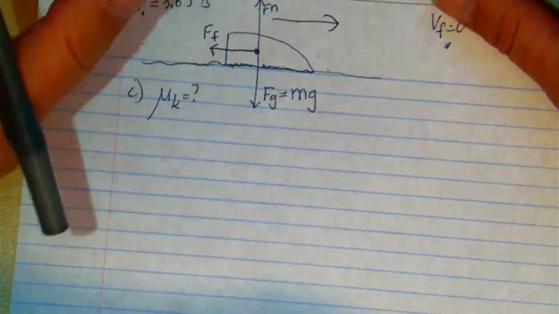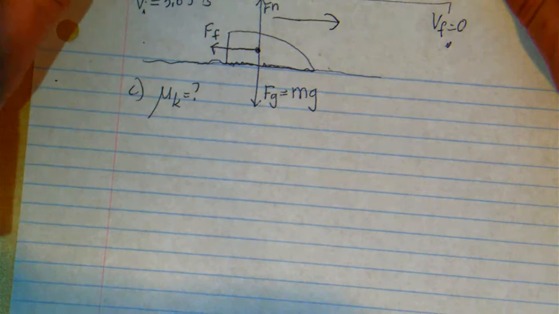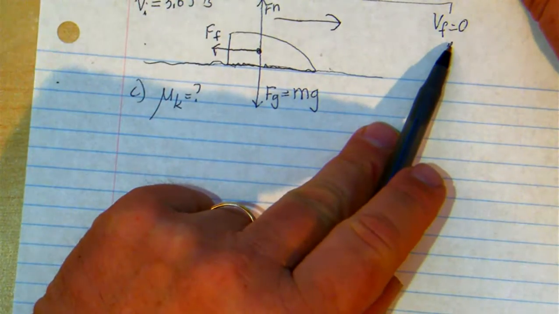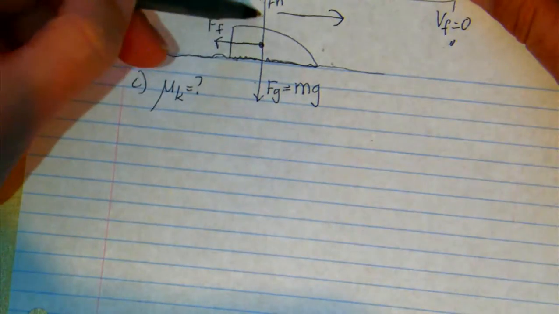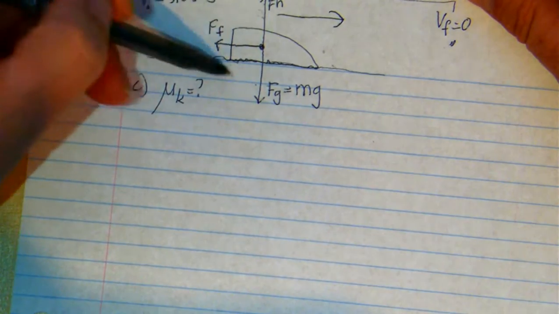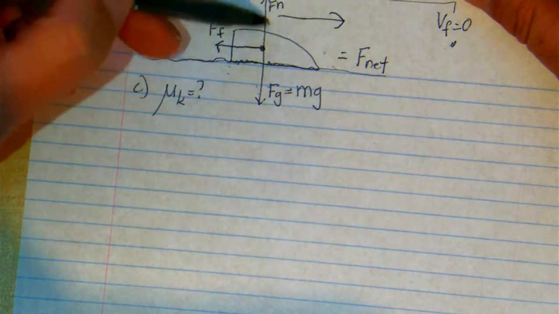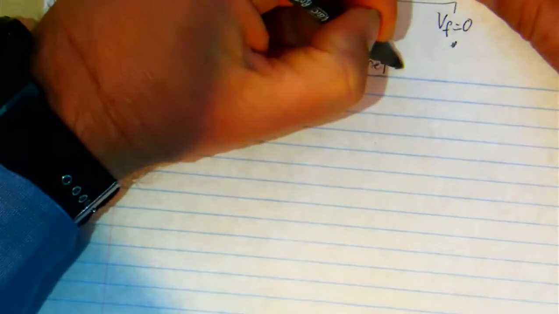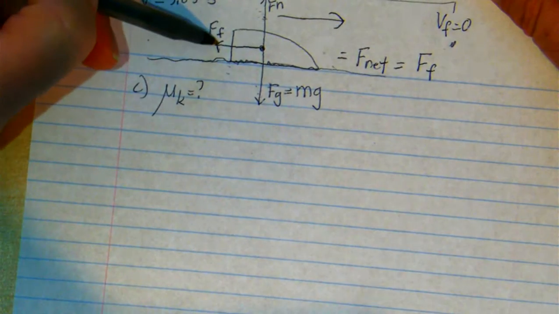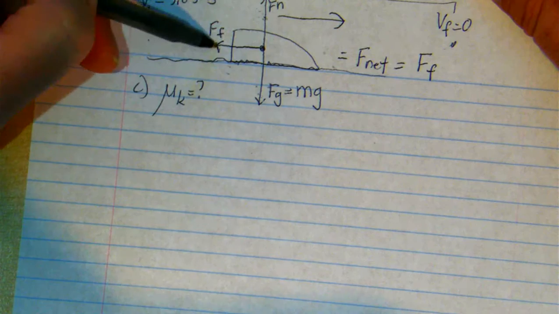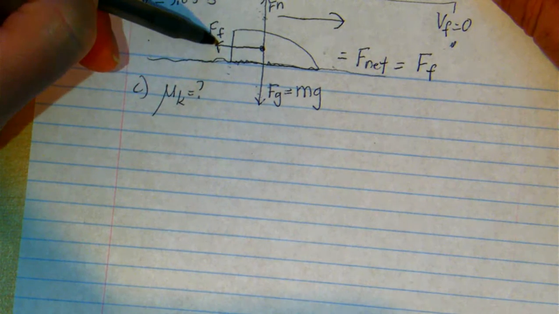And eventually, it succeeded in bringing it to rest. As you look at the free body diagram, the sum of all these forces is the net force. Two of these three forces cancel. So the net force is just the force of friction that was stopping the car from sliding.